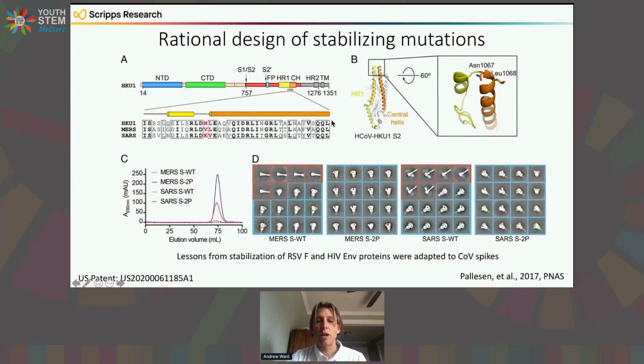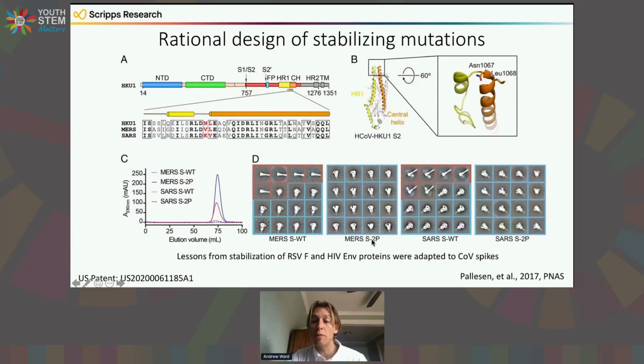And here's just showing you, after screening 50 or 100 different mutations and using this rational approach, something that really didn't express, that couldn't be made before, the SARS and MERS wild type, all of a sudden could be made at high yield and high quantity. And then when we looked at it under the electron microscope, it went from a mixture of pre-fusion globular to post-fusion extended conformations.